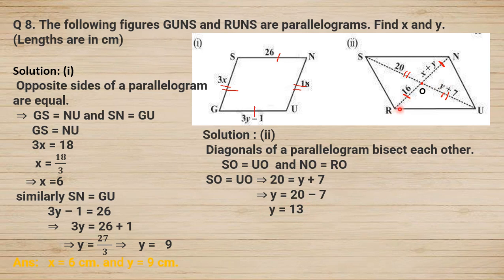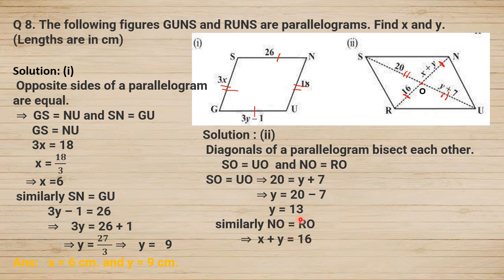Now the second diagonal is given, RN, and O is the midpoint of this diagonal RN. That means we have NO and RO, both the parts of this diagonal, are equal. So the value of RO is 16, the value of NO is x plus y. So we get x plus y is equal to 16.